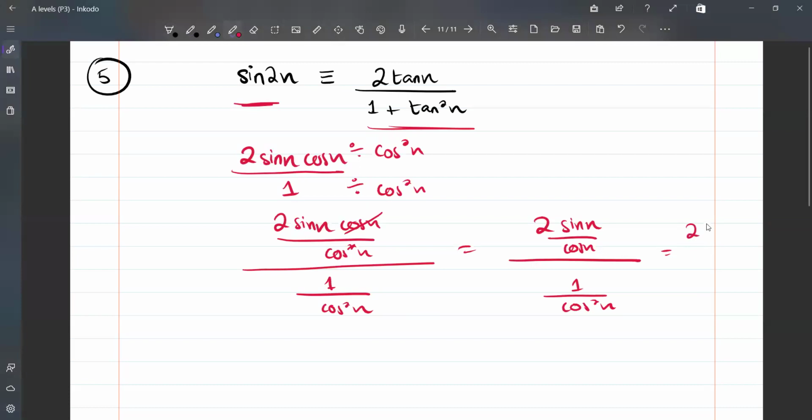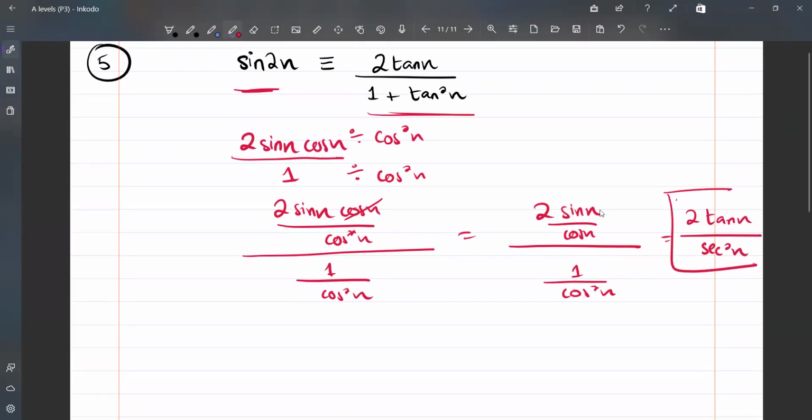Sin x over cos x is equal to tan x. So we have 2 tan x and 1 upon cos square x is sec square x. All right. So we have this. Now we need 1 plus tan square x.